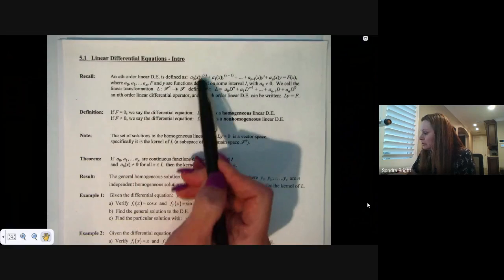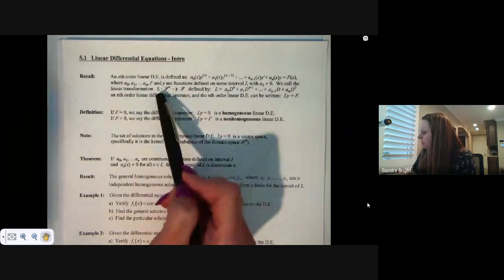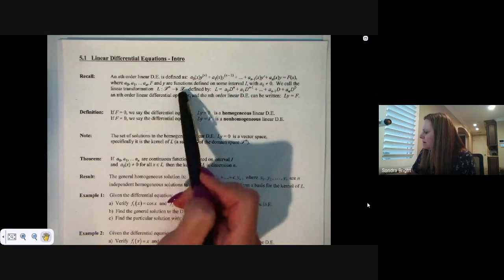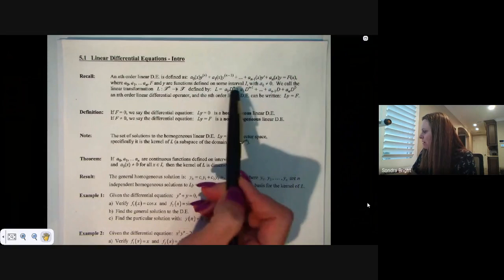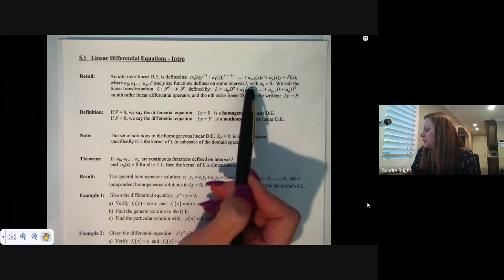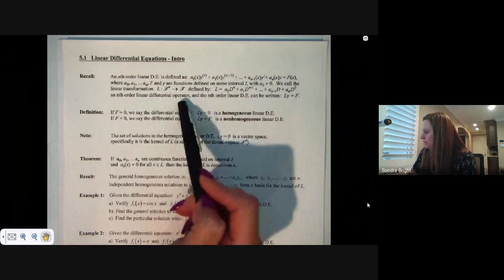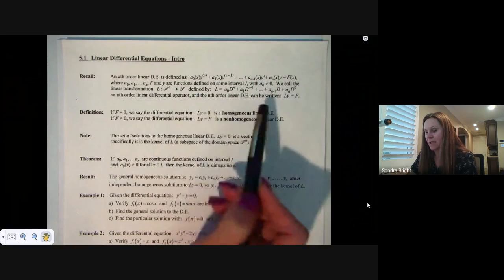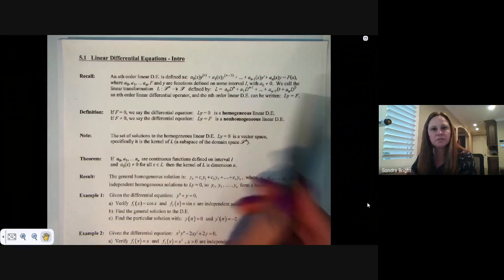We call the linear transformation L from Fn to F, defined by L is a naught times big D to the nth power plus a1, all of that, an nth order linear differential operator. And the nth order linear differential equation can be written Ly equals F. We saw this last chapter also.